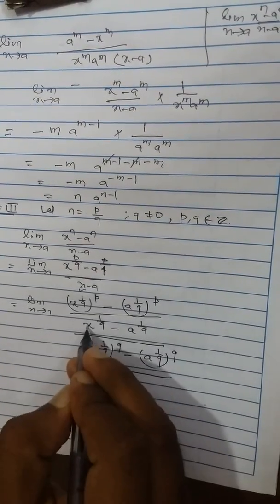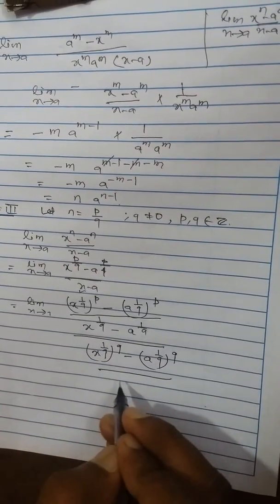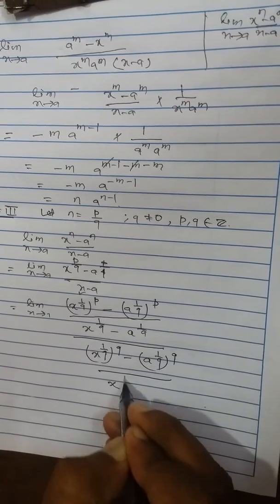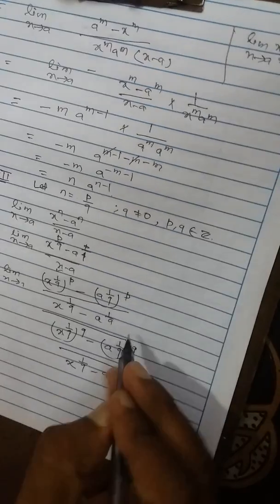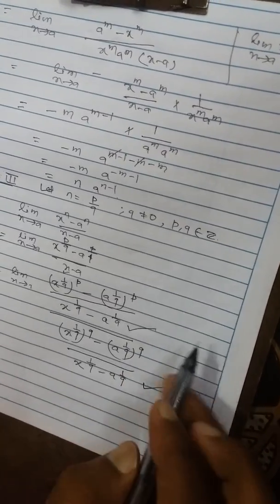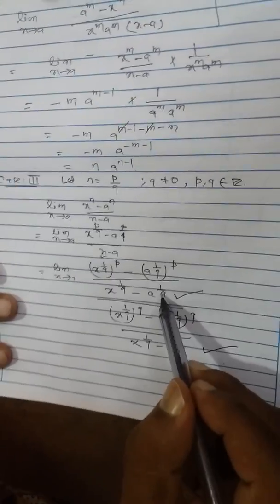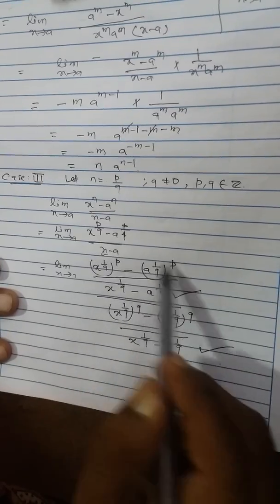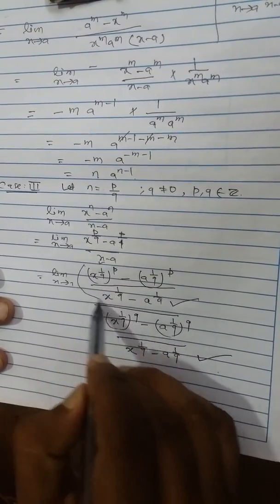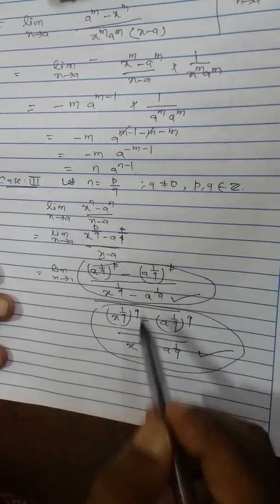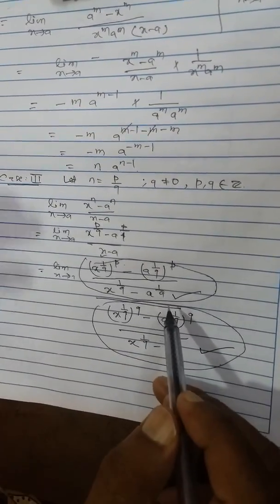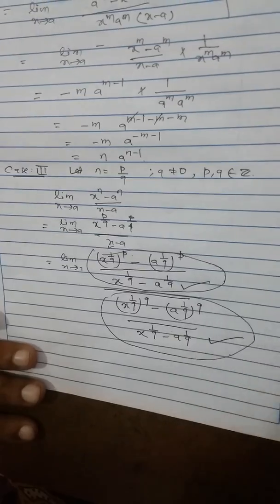Because you have divided the numerator by this one, you have to divide the denominator by that one also: x to the power 1 upon q minus a to the power 1 upon q. We have divided both the numerator and denominator by this factor to apply the formula here. Here also you can apply the formula, because p and q are positive integers, and for the integers we have already proved the theorem.